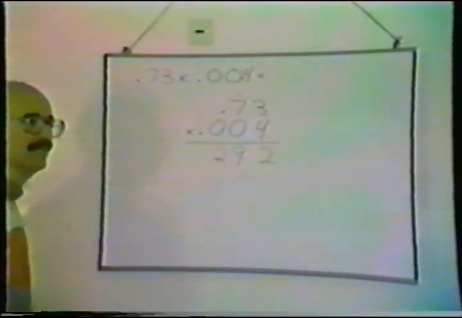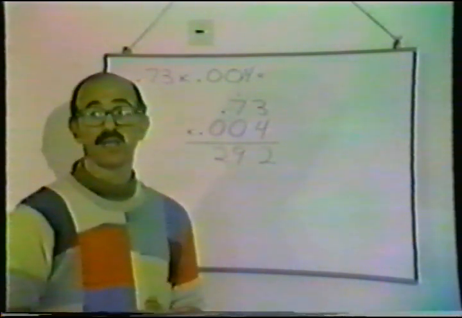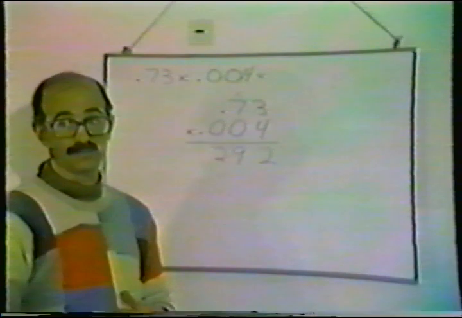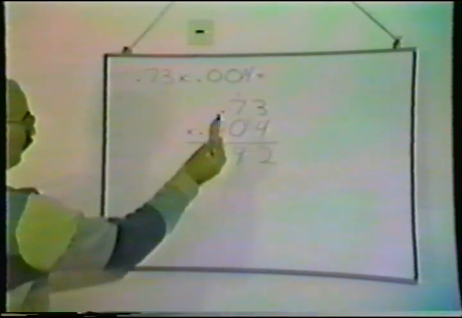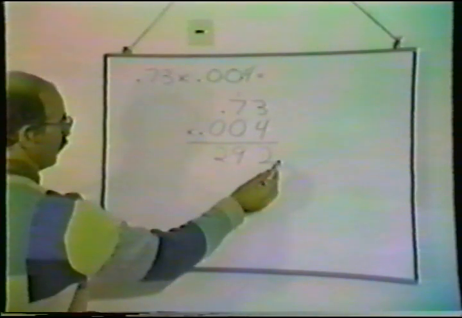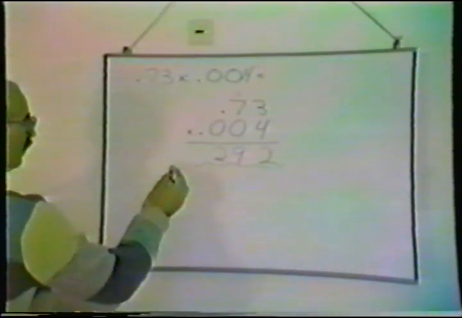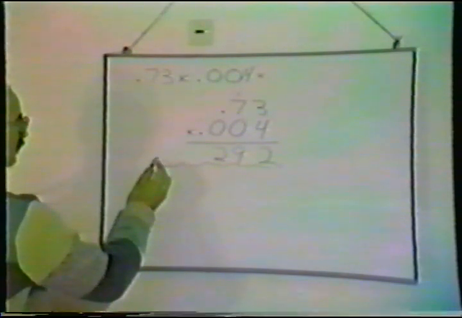How many places are there filled to the right of the decimal point? 5. 1, 2, 3, 4, 5, and the decimal point.